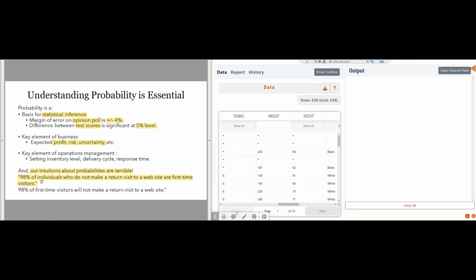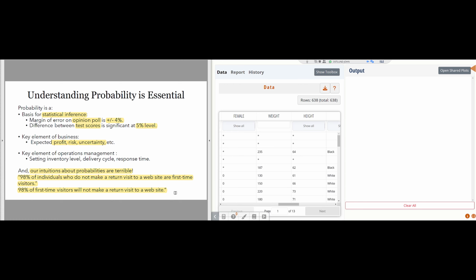Okay, so that means that if you go to a website and you leave the website and don't return, 98% of those people are first-time visitors. Now, another statement that we could make is 98% of first-time visitors will not make a return visit to a website.